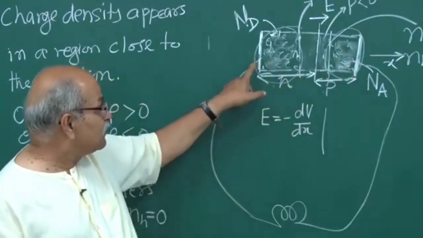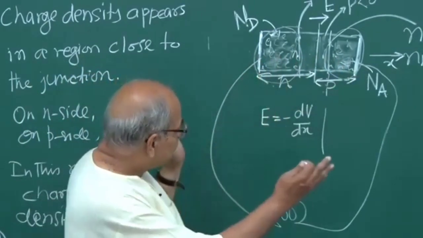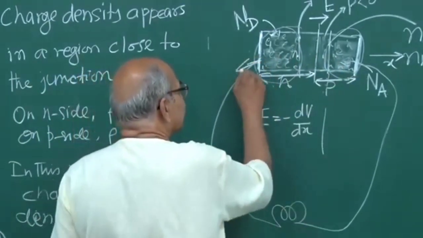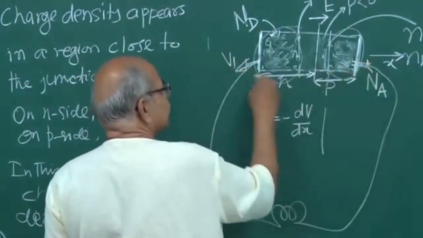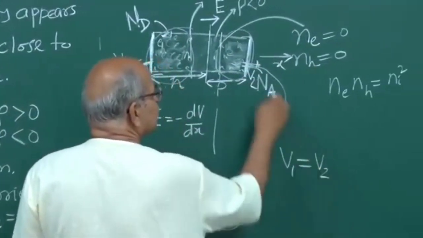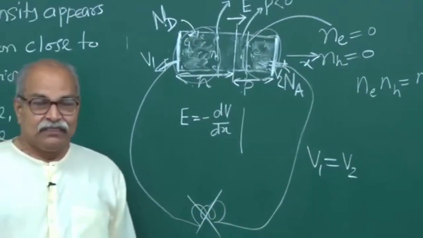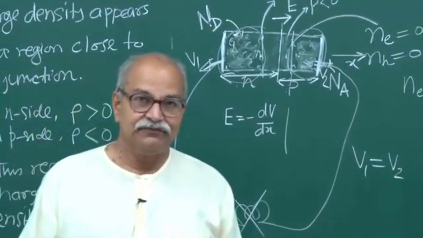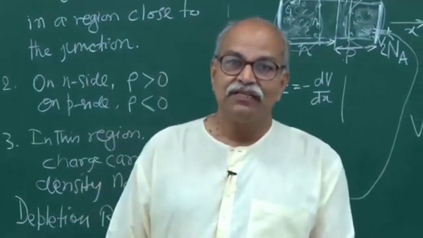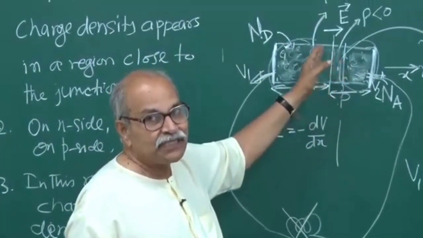And when you sum all these things, this potential finally is the same as this potential, V1 equals V2, after those metallic contacts, and so this bulb is not going to glow anymore. In our next lecture, we will derive a relation for this potential difference that is created, which is also known as the potential barrier.